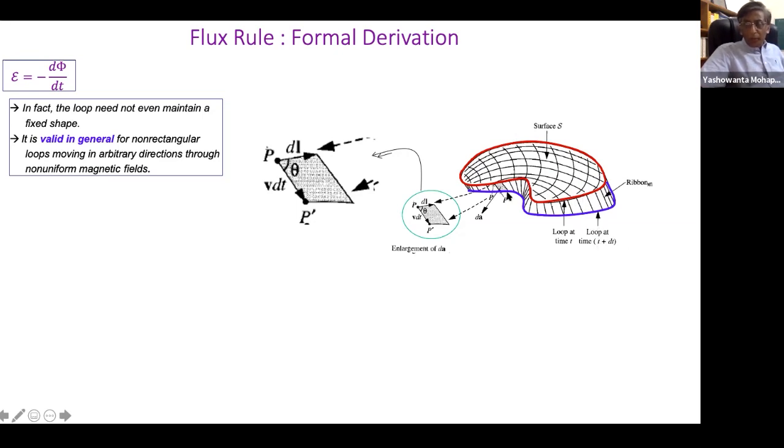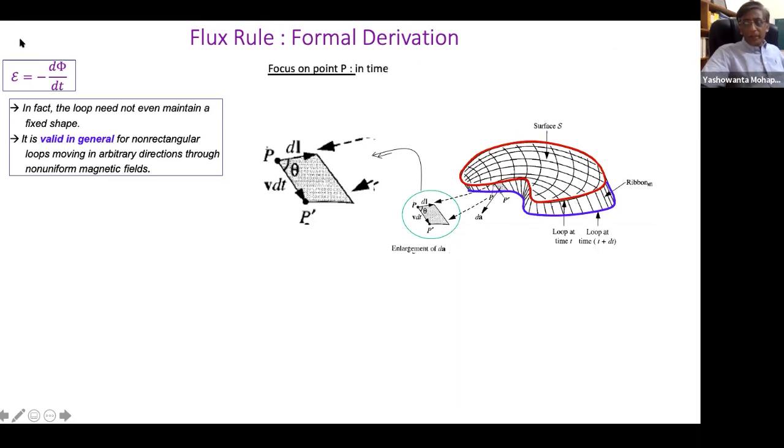Okay, and we will follow, let's say, a point P. If you look between t and t plus dt, this loop will carve out a sort of ribbon because of the motion. All right. So we will concentrate on that.